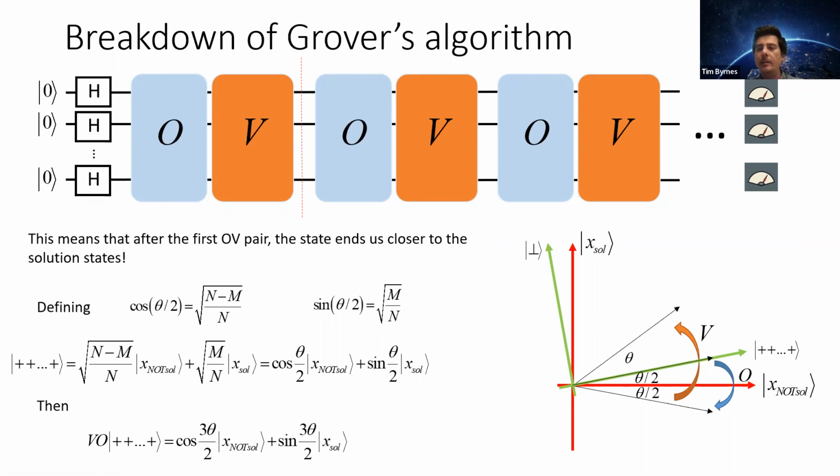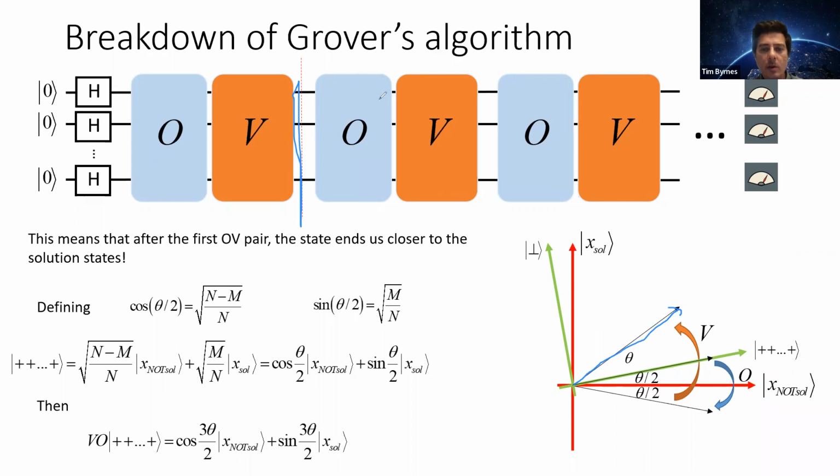Now, if you repeat this, you can figure out what's going to happen. Let me use maybe a different color here. So now the vector's here, right? And so we're at this point in the circle. After one iteration of OV, the vector is here.